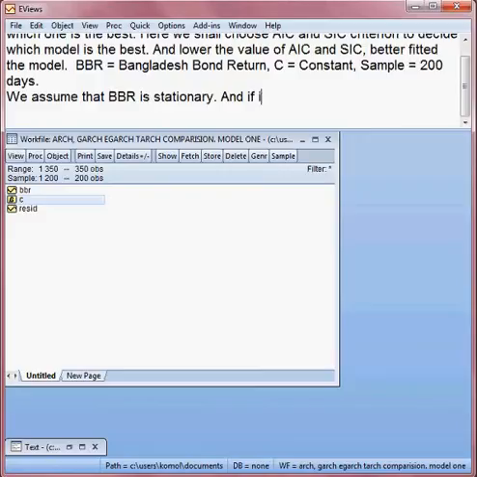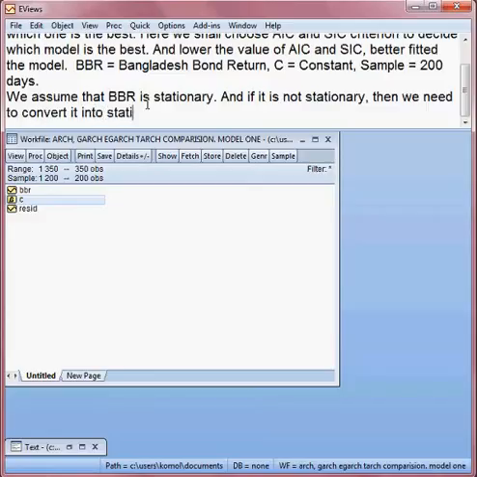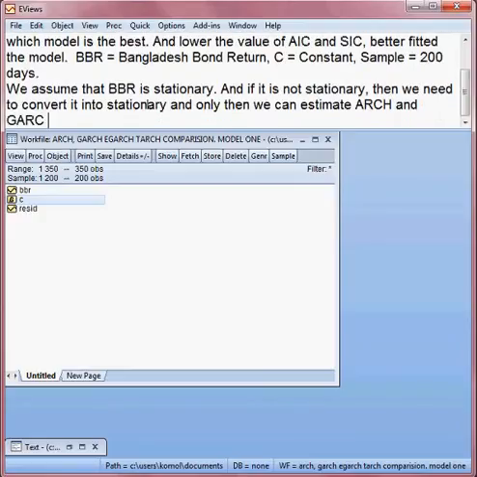If it is not stationary, then we need to convert it into stationary, and only then we can estimate ARCH and GARCH models.